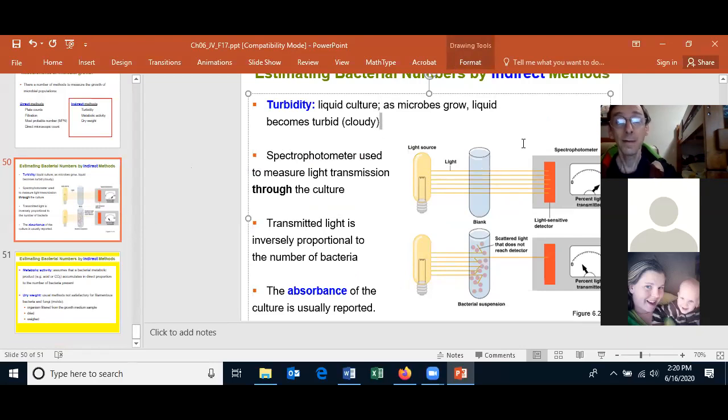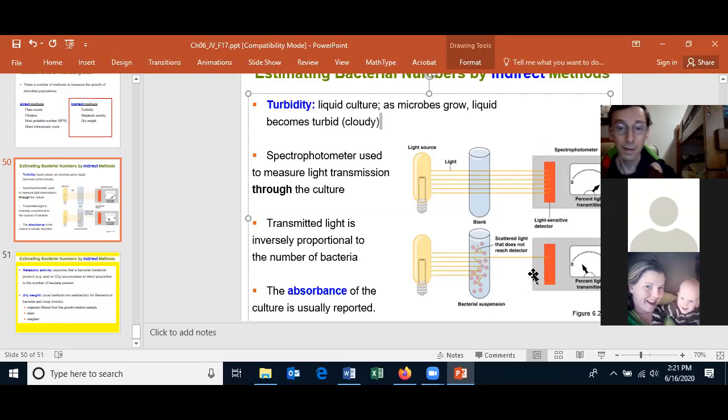All right, so turbidity is where you measure the volume, and what you're looking at is the light coming through the solution, and when there's a cell, that will block the light. So if you have cells in this tube here, less light is going to get through, and that will be measured compared to the solution initially where there's a full amount of light getting through.